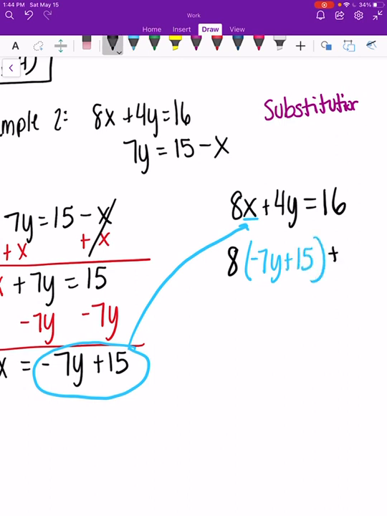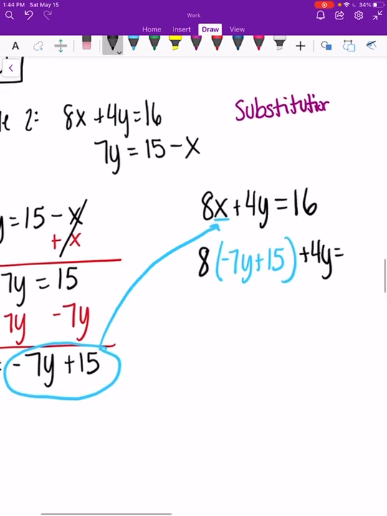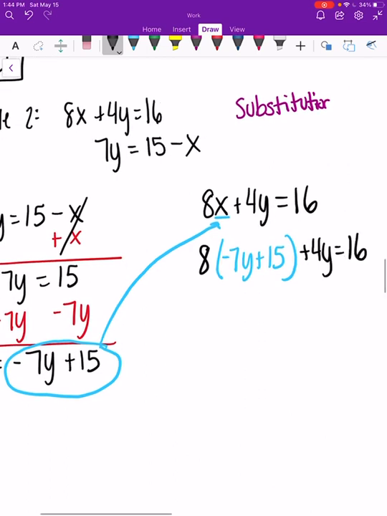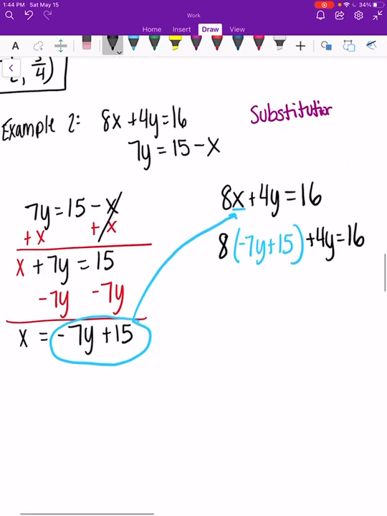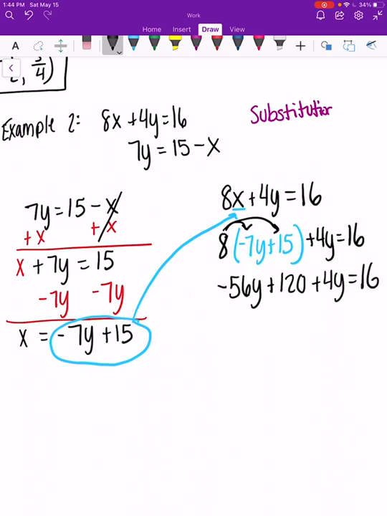And then the rest, plus 4y equals 16. Okay, now I'm going to distribute. So 8 times negative 7y is negative 56y. And then 8 times 15 is 120. And then still plus 4y equals 16.